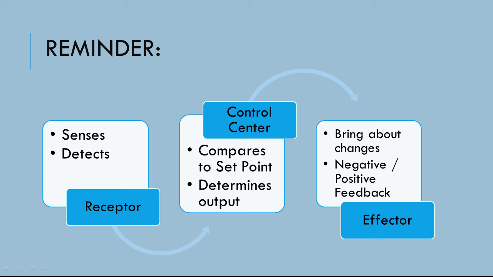And even before then, it's going to have some level of control center, establishing a set point for that cell. So the complexity of the control mechanism may not be real broad. It may be localized to within a single cell receiving a chemical message. So we can't forget the role of the receptor, the control center, and the effector.